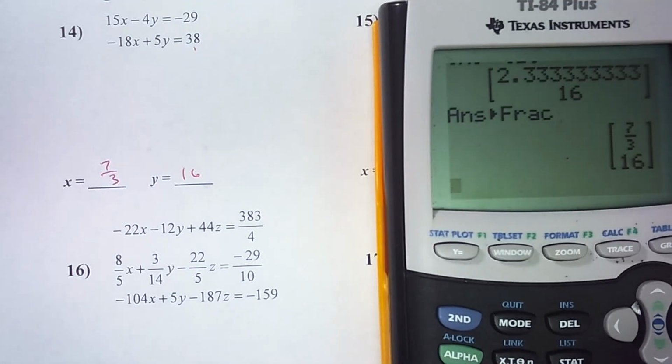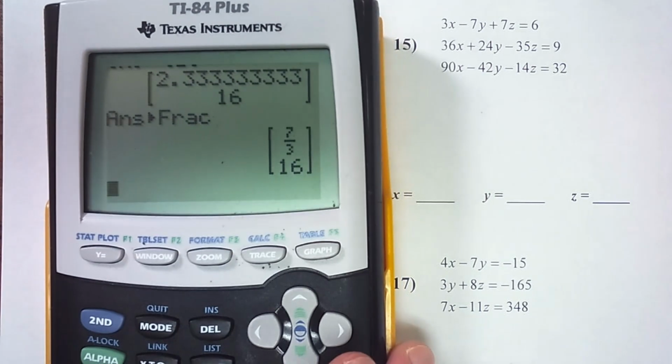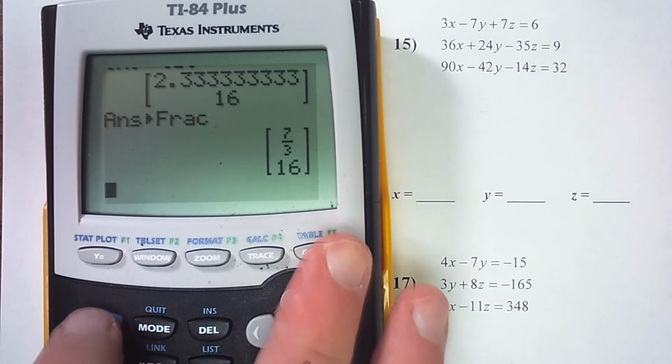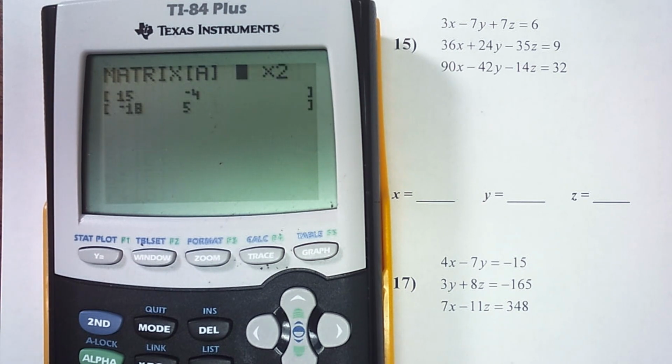Okay, then we do matrix A again, this time as a 3 by 3. So second matrix, edit matrix A to a 3 by 3. 3, negative 7, 7, 36, 24, negative 35, 90, negative 42, and negative 14.